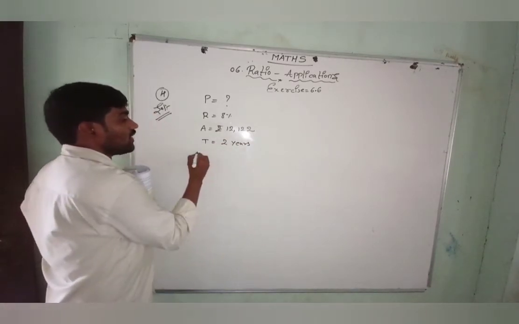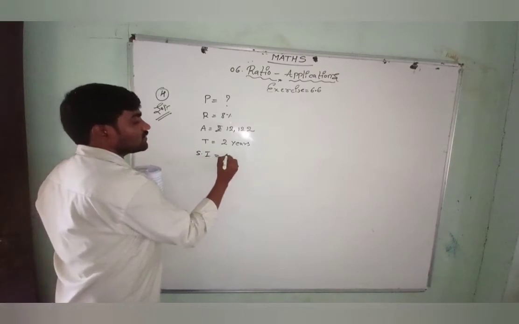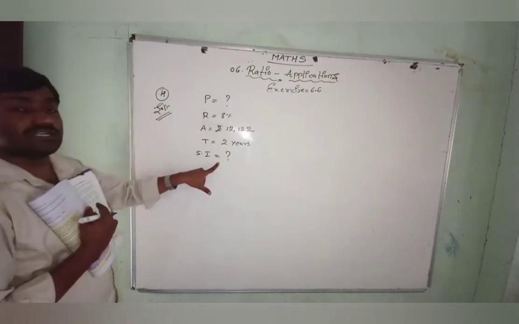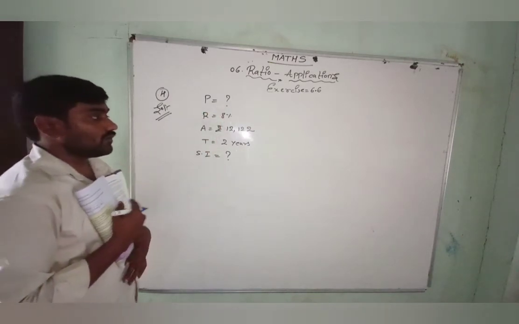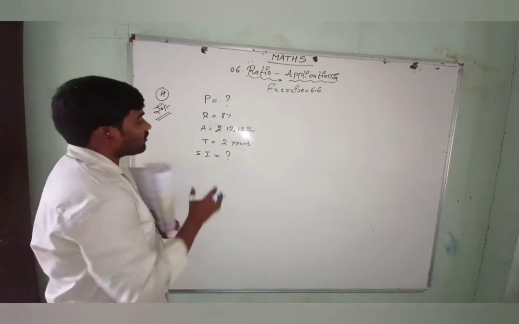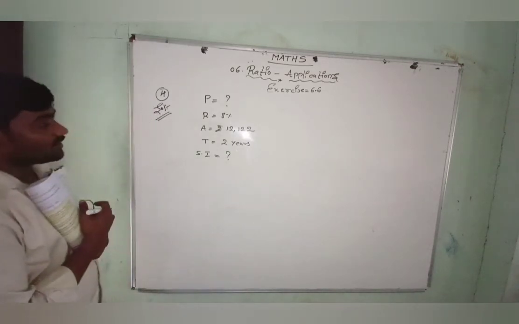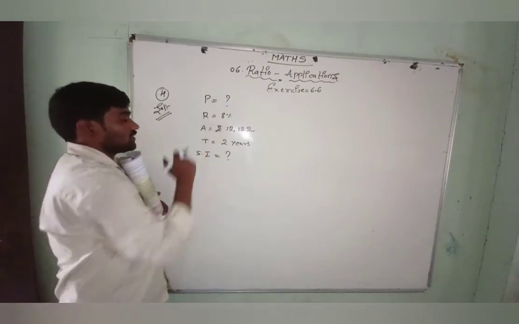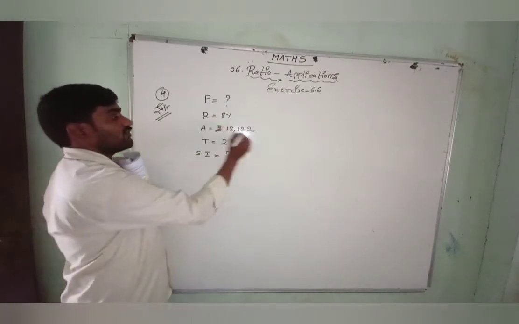We don't even know what the simple interest is here. We don't know the principal and we don't know the simple interest. Both we don't know, but we know the amount.